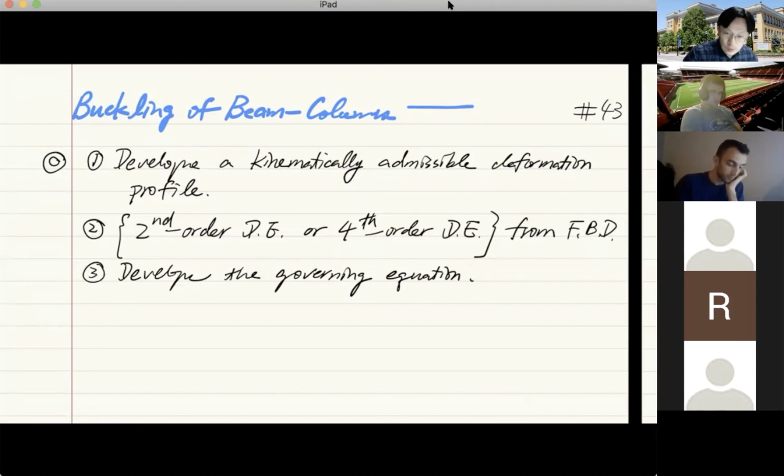And this governing equation, of course, is either the second order differential equation or the fourth order differential equation, where you write it as y double prime. And then you plug in, you apply boundary conditions to evaluate the governing equation.